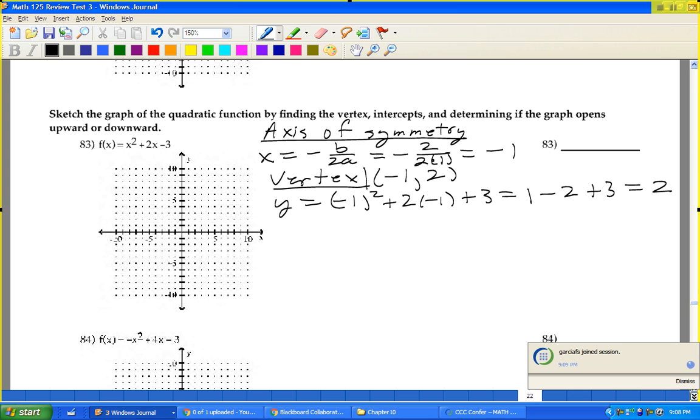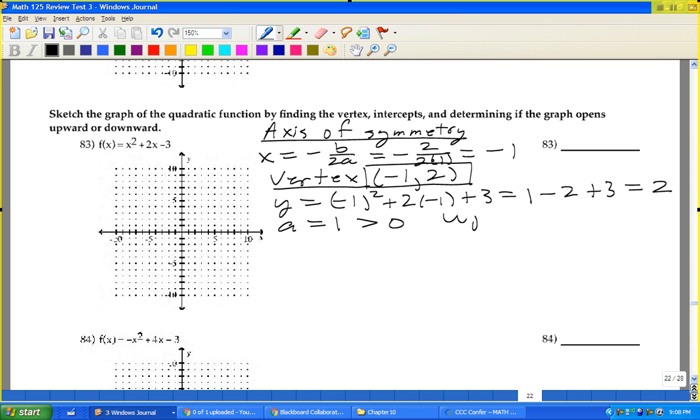And so my vertex is at negative 1, 2. A is 1, which is greater than 0, so it points upward. A in absolute value is 1. So again, it has the same shape as the graph of y equal x squared. And so it's just right.